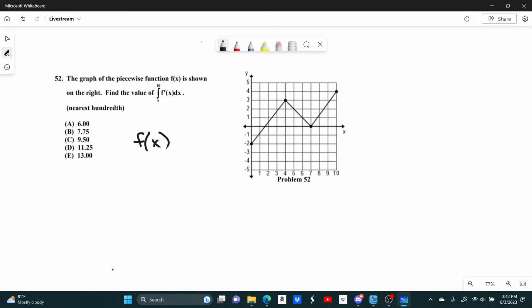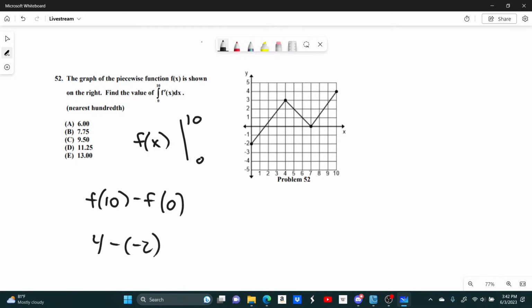They're just inverses of each other. And then I have to evaluate this from 0 to 10. Well, that's just the same thing as f of 10 minus f of 0. The graph tells me f of 10 is equal to 4, tells me f of 0 is equal to -2, and so this integral is just equal to 6.